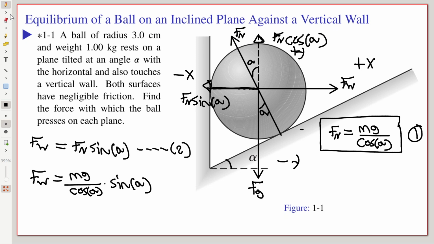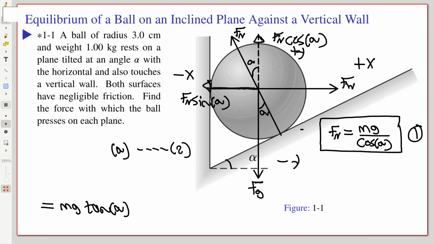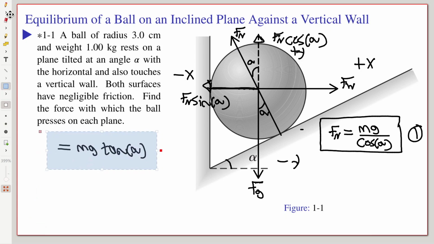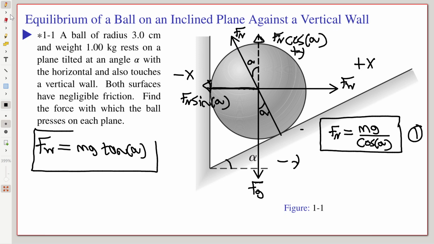We know from trigonometry that sine alpha divided by cosine alpha is tangent alpha. So we get mg tangent alpha. This is the wall force, our final form of the wall force.